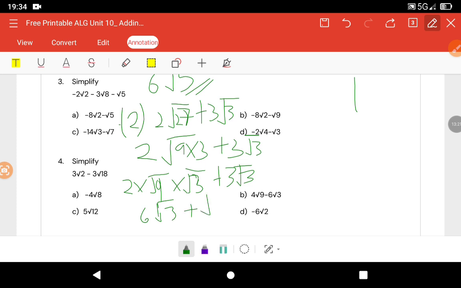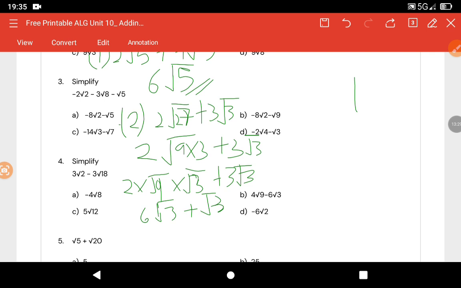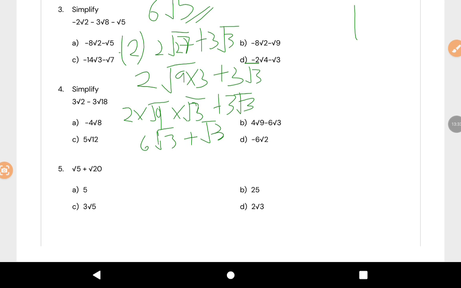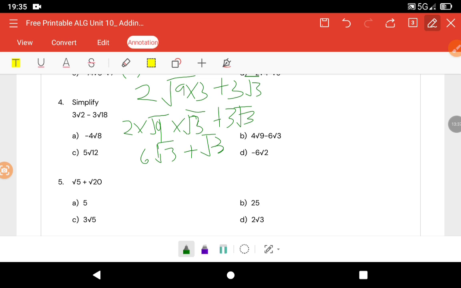Remember, the numbers inside the square root, are they similar? Yes, they are similar. So once the numbers are similar, we can add them or subtract them. So 6 root 3 plus 3 root 3 is like saying 6x plus 3x.